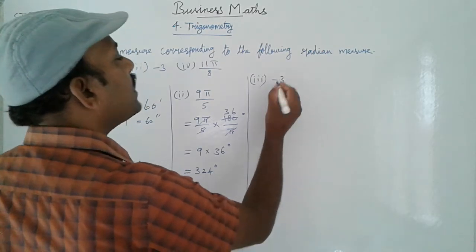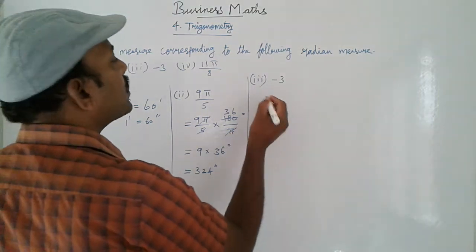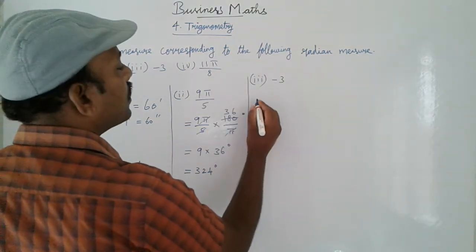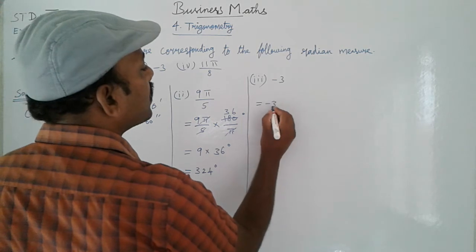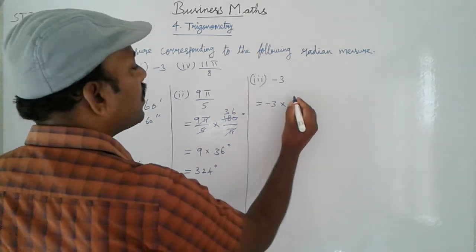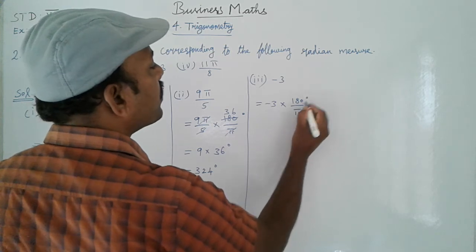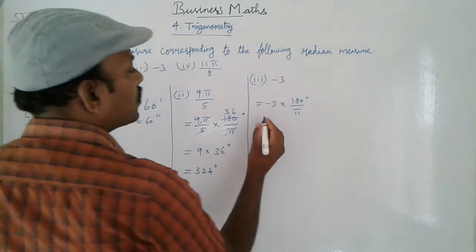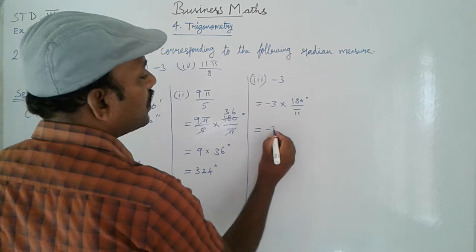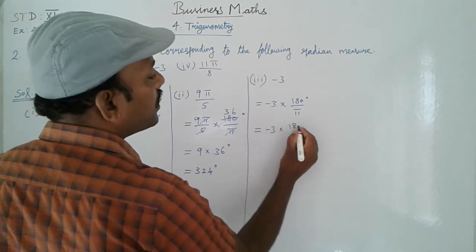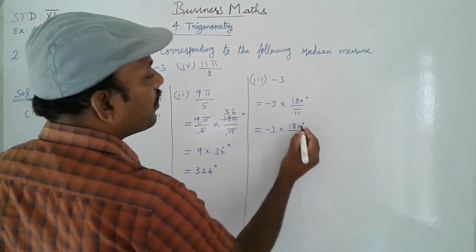Next, minus 3 radians. We should change it to degree measure. So minus 3 into 180 degree divided by pi.